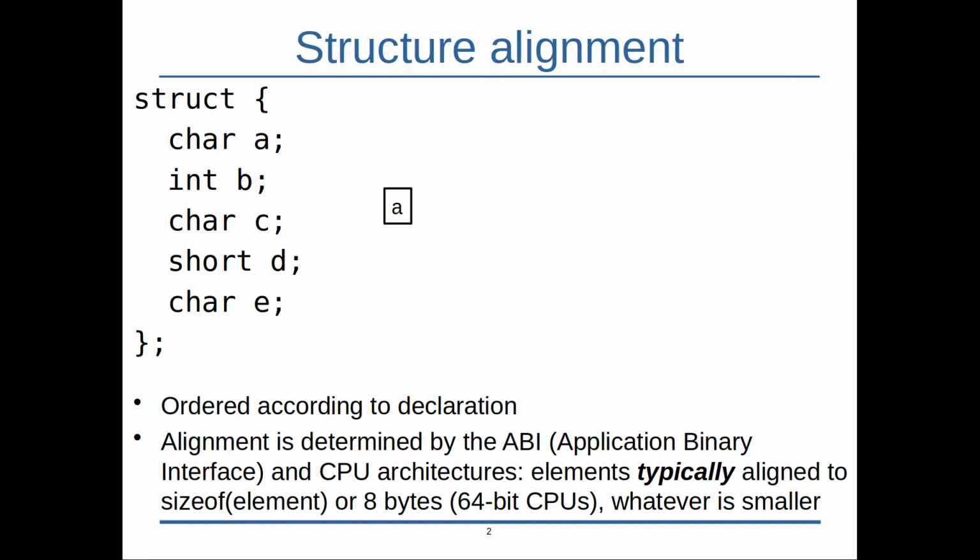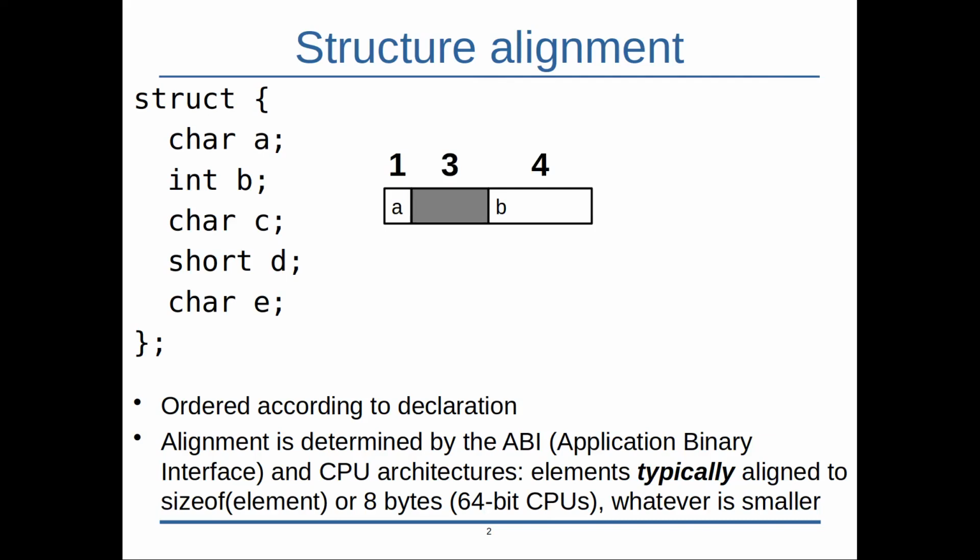So initially, everything is aligned properly. That's the assumption of the compiler. So A goes first. Now we have to place B. But before we place B, we put a padding of 3 bytes.